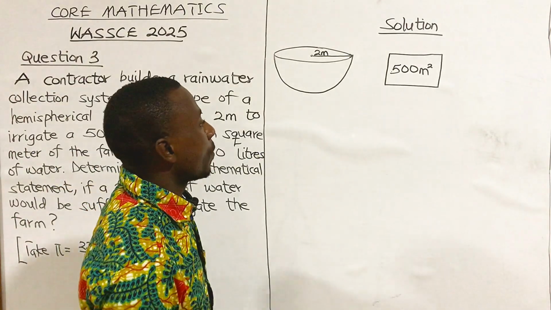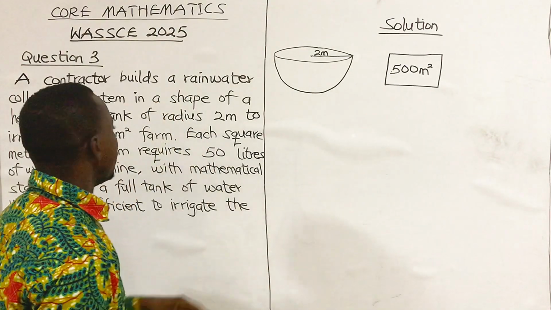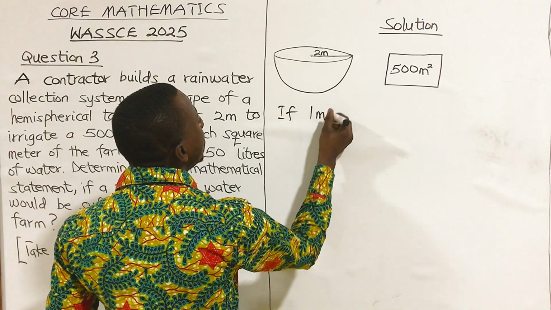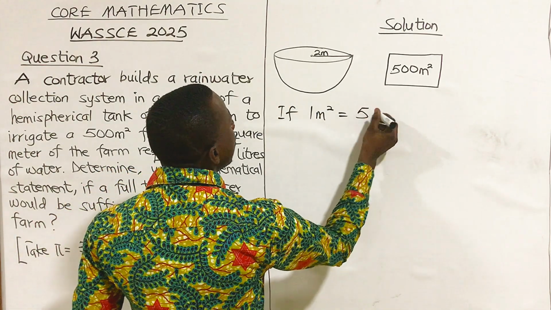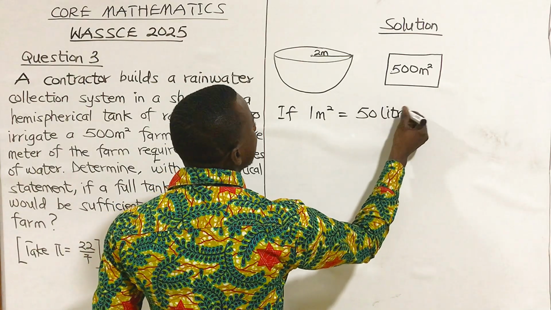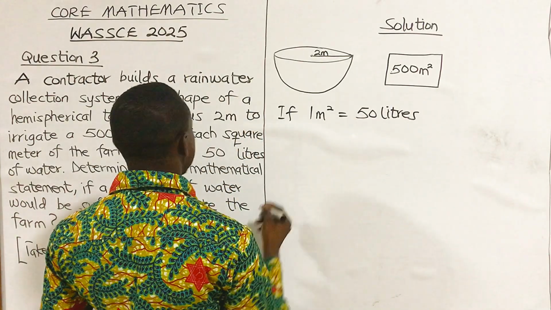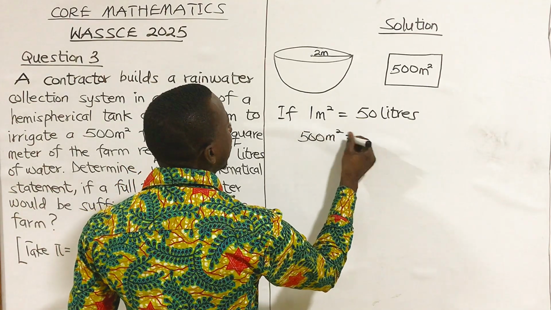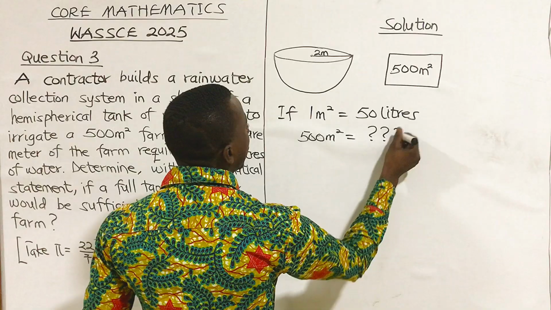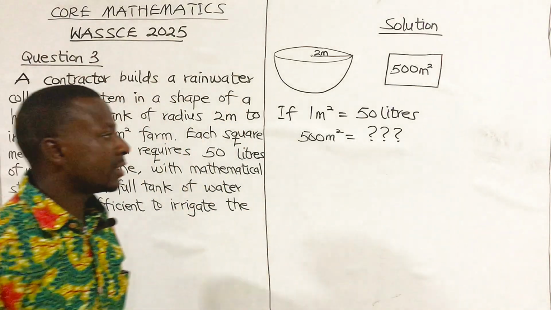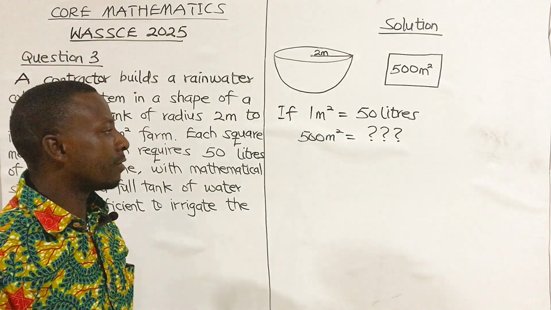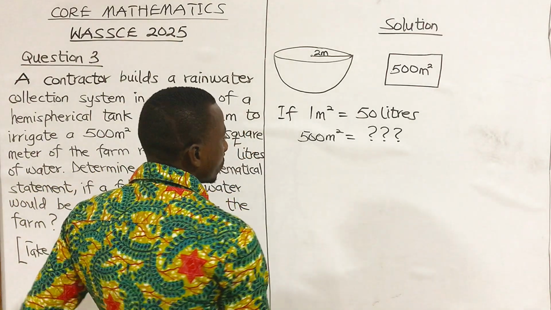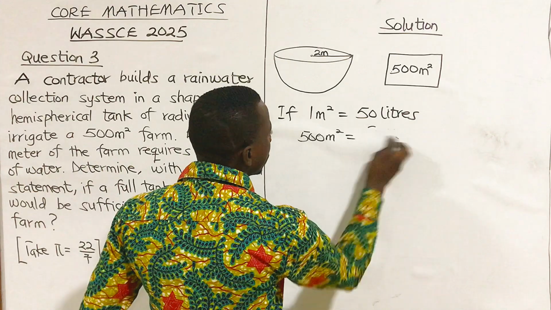So we can say that if 1 meter squared is equal to 50 liters, then 500 meter squared is going to be how many liters? And that is what we are going to calculate.